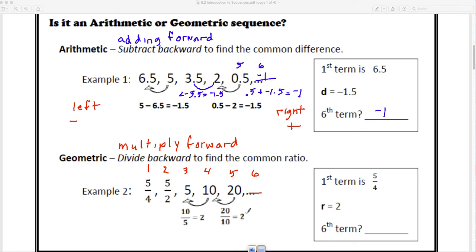My common multiplier, my ratio right here, is 2. So going forward I'm going to have 20 times 2, and this term is going to be 40.